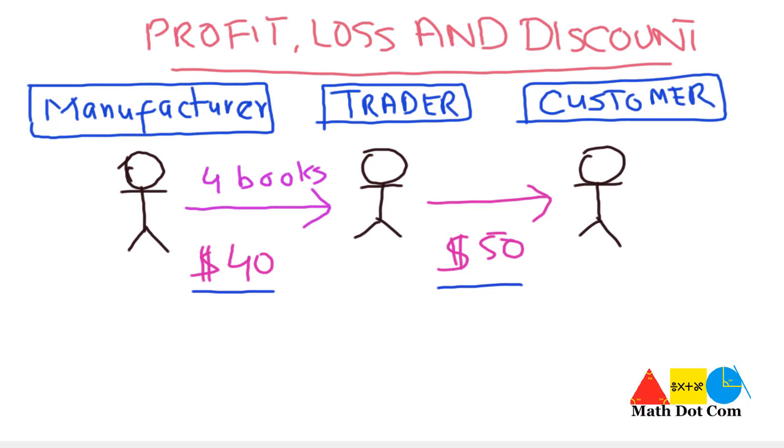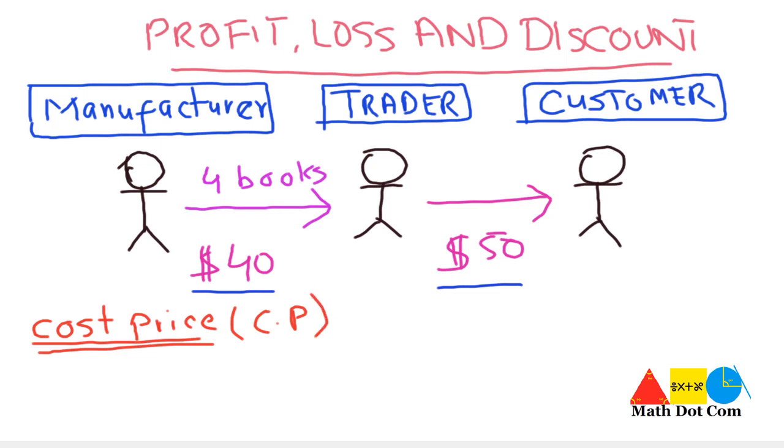First of all, we have the cost price. Let's see what the cost price is. Cost price or CP. We will abbreviate it as CP throughout our lecture.